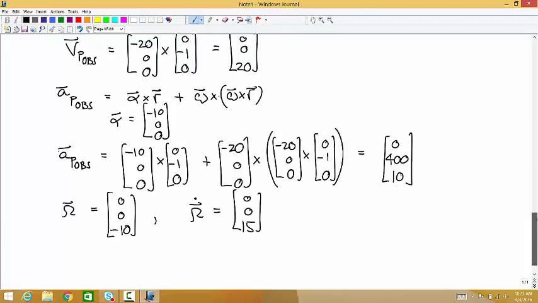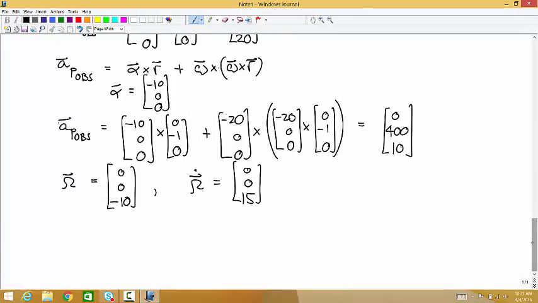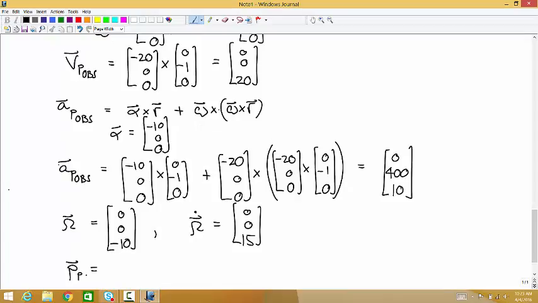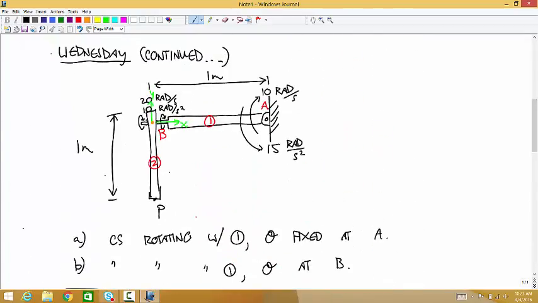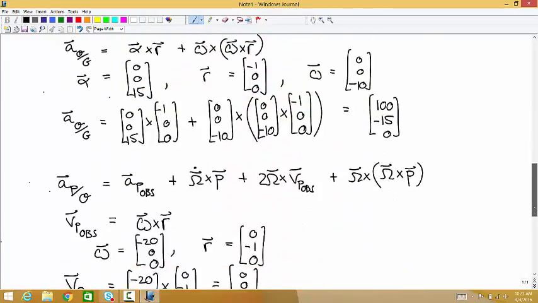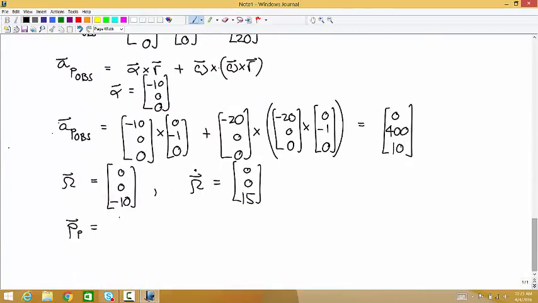So now we should be ready to roll. I guess the last thing we need is the position vector. So what's the position vector of P? Right. 0, negative 1, 0.